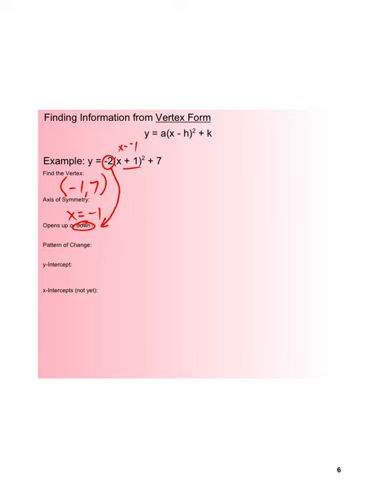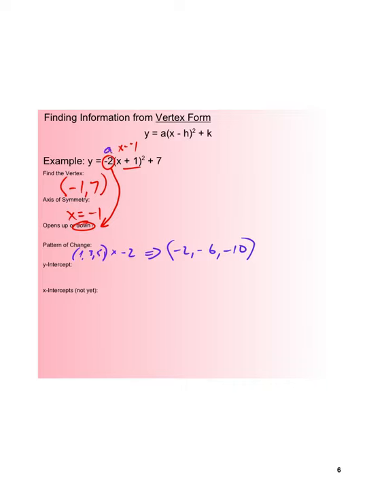Again, if that leading term is negative, then that's going to cause it to open down. Our pattern of change here, again, is going to be that 1, 3, 5, but now times -2 again. So our pattern of change is really -2, -6, -10, based off, again, the fact that a is -2.